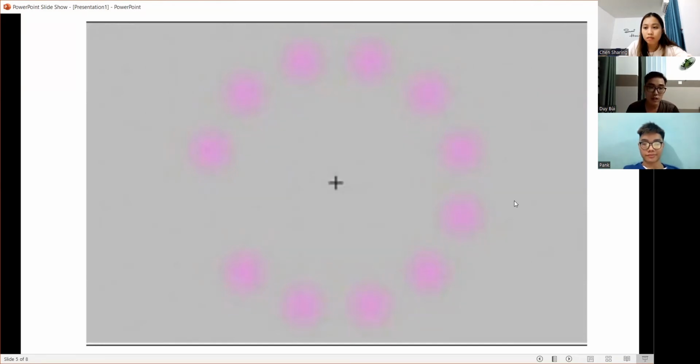This is known as the Troxler fading phenomenon, discovered in 1804 by the Swiss physician Ignaz Paul Vital Troxler. When the human eye is focused on a point, we tend to keep our gaze stationary, directed at the black cross, and the pink dots are present but not enough to stimulate the nerve cells to maintain the image. So they disappear.